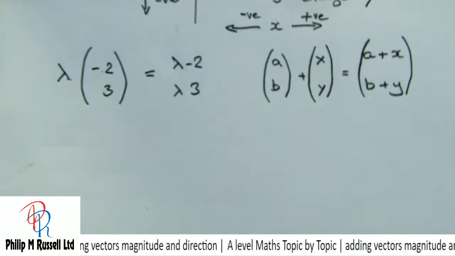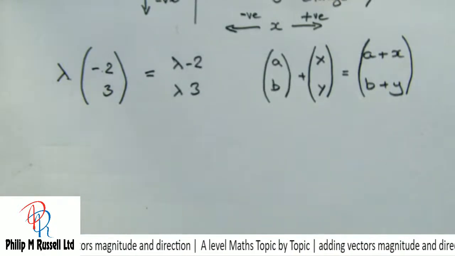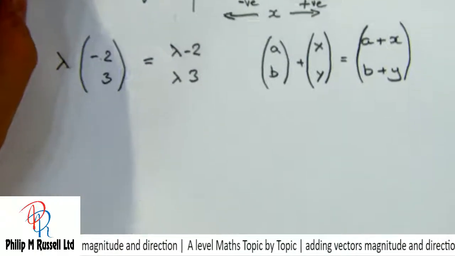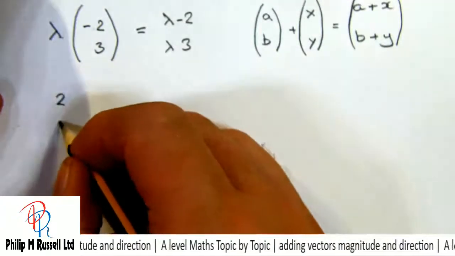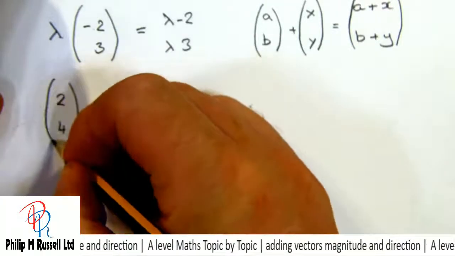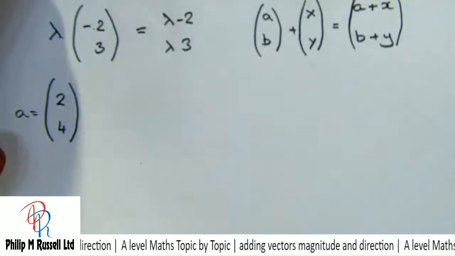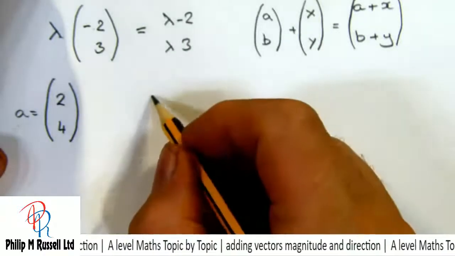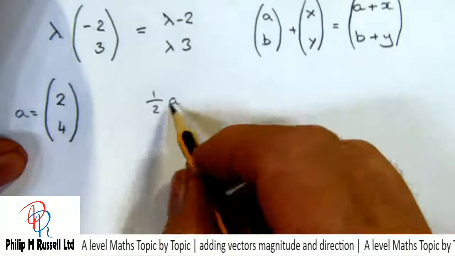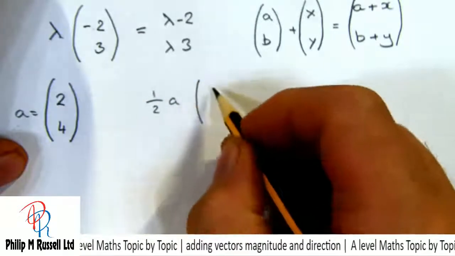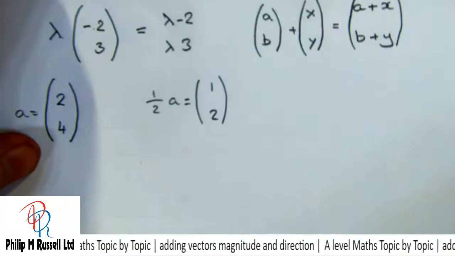That gives us some ideas of these. So if I was given a vector of 2, 4, and let's give this vector a name, unimaginatively, let's call it A, and I want half an A, then I will multiply each of those by a half, which will give me my new vector.